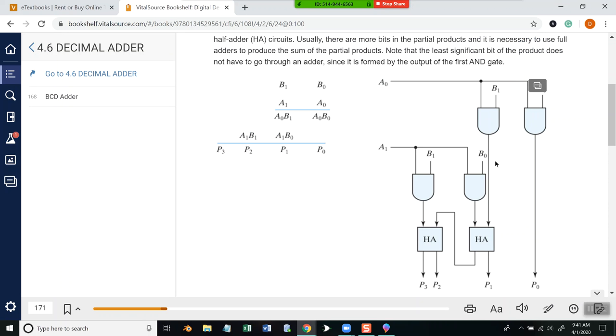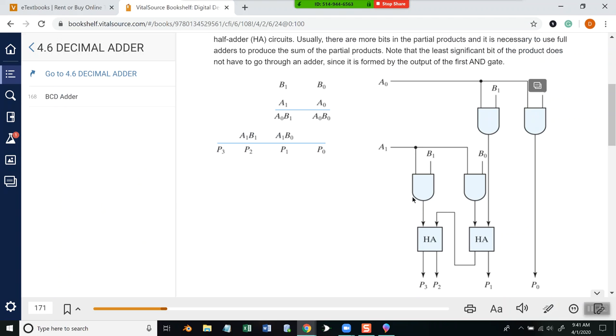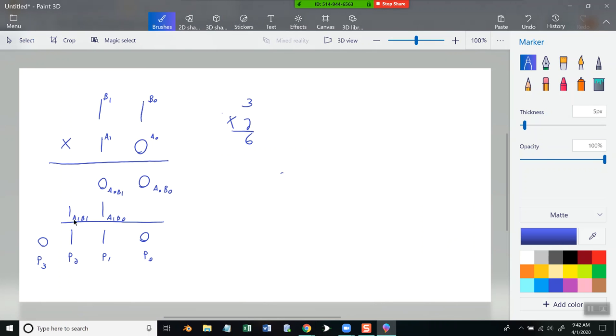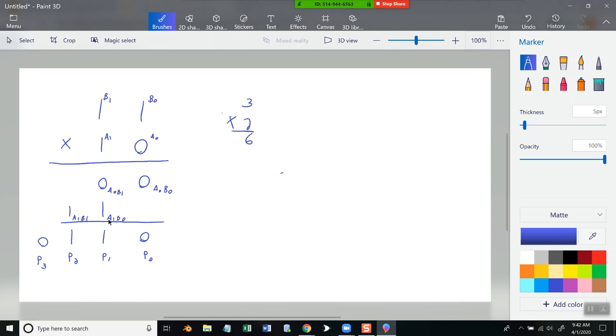And then this one is A0, B0, which is this one right here. This one is A1, B1, which is this one right here. This one is A1, B0, which is this right here.